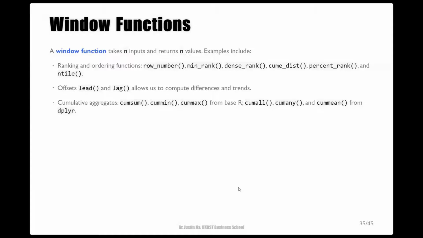Window functions provided by the dplyr package include a set of ranking and ordering functions, two offset functions that allow us to compute differences and trends, and a set of functions that compute cumulative aggregates. The output of a window function depends on all its input values, and we'll see more on their applications with other dplyr verbs soon.